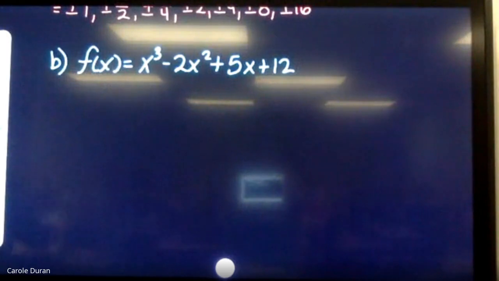Okay, your polynomial to do on your own is f of x equals x cubed minus 2x squared plus 5x plus 12. I just want the list of possible rational zeros.